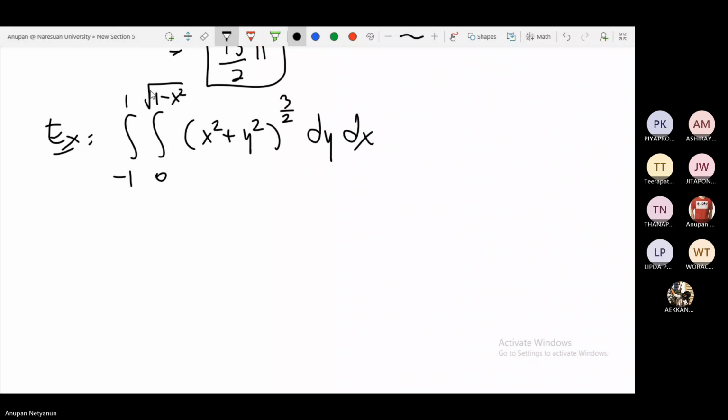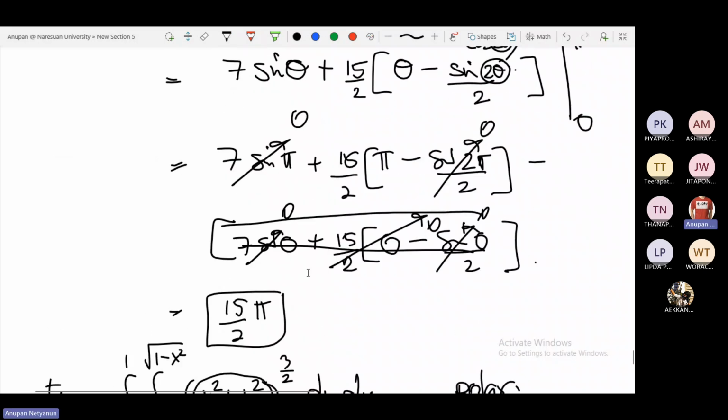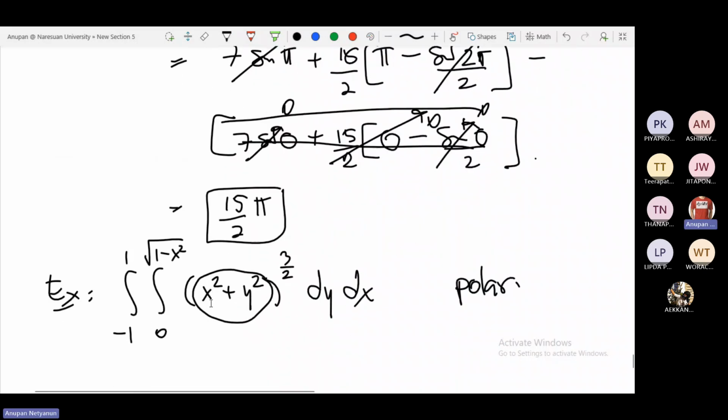Now if you think in polar, okay, now remember x squared plus y squared, we want to change the inside to be in polar form first, right?